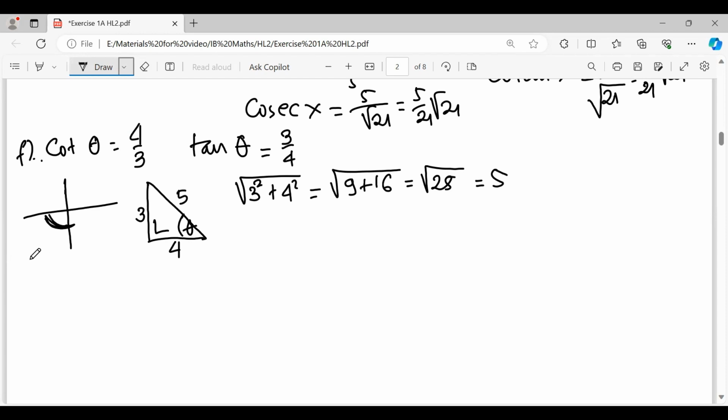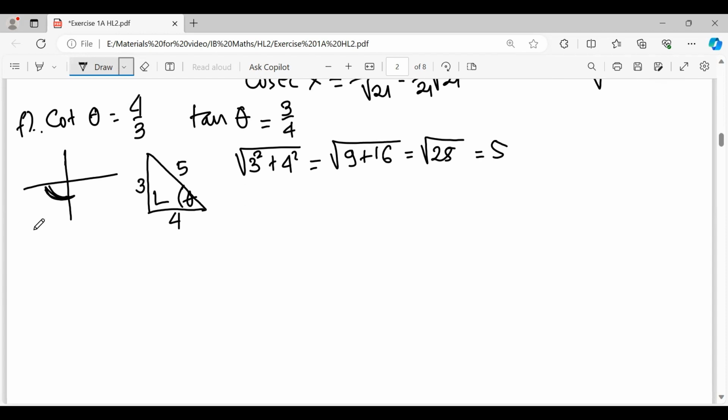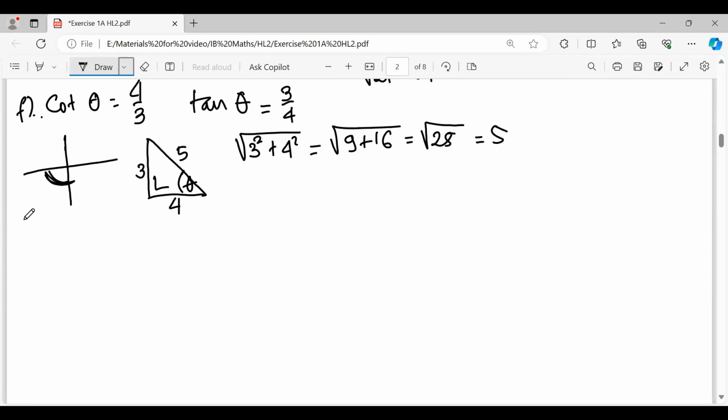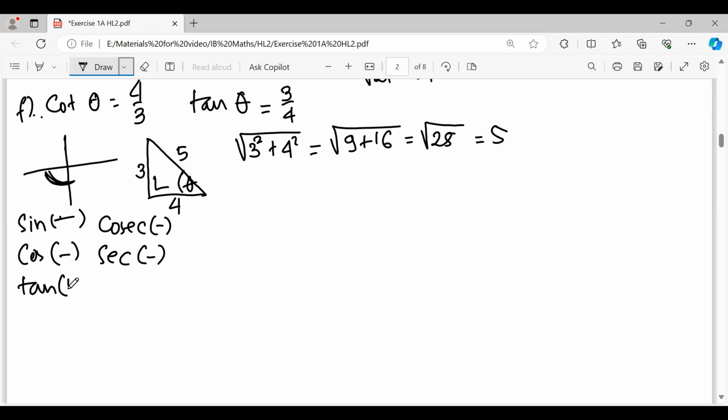Now, on this quadrant, sine is minus, cosine minus as well, cosecant minus, secant minus, tangent positive, and cotangent positive.